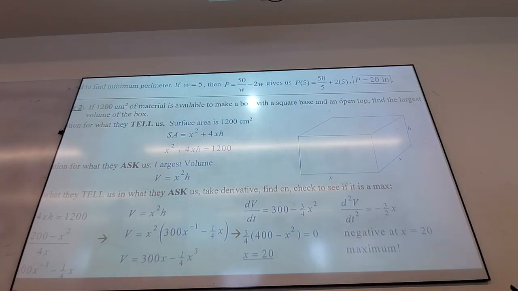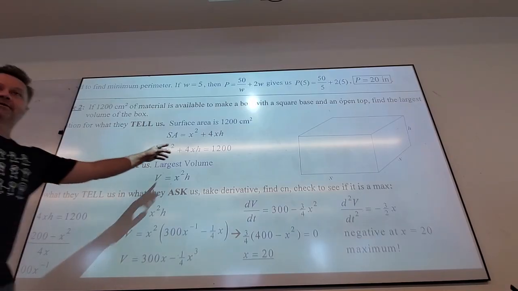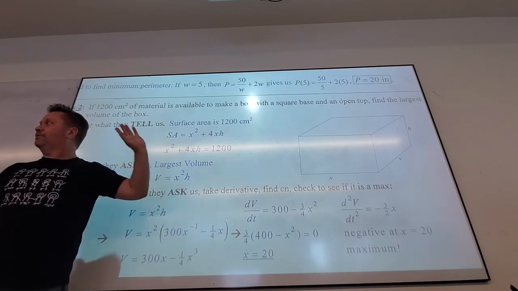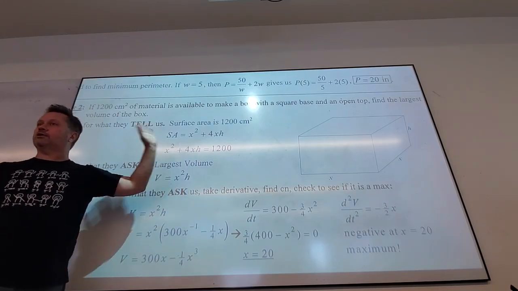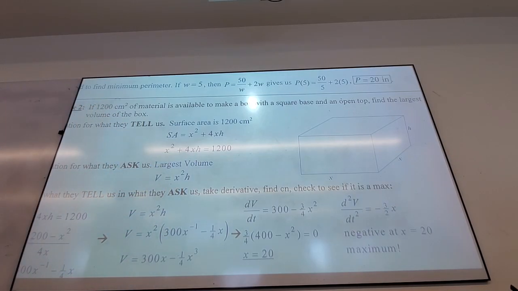But to us humans, I'm going to solve for the one that's easier to solve for. I don't want to solve for x. Can you imagine setting up the quadratic for that? B would be 4h. I'd much rather solve for h. H is almost by itself already. Subtract x squared, divide by 4x. Kabam!